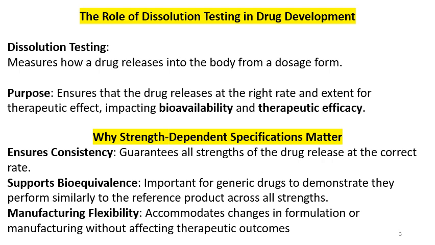So the dissolution rate affects Cmax, Tmax, and AUC, and that's why it impacts bioavailability and therapeutic efficacy along with the side effects. Now the question is why strength dependent dissolution specification matters.